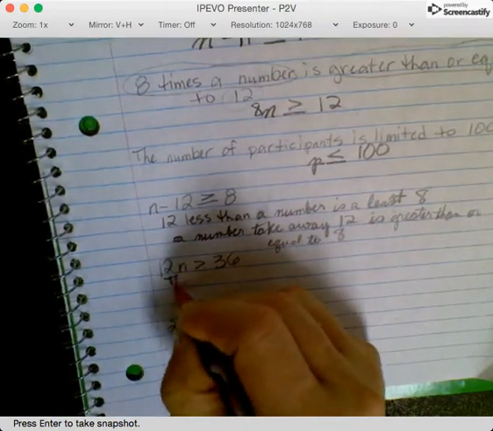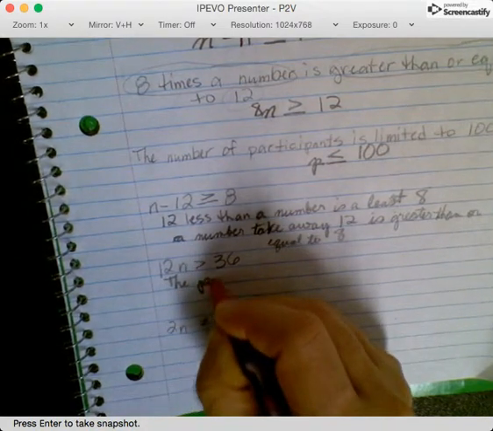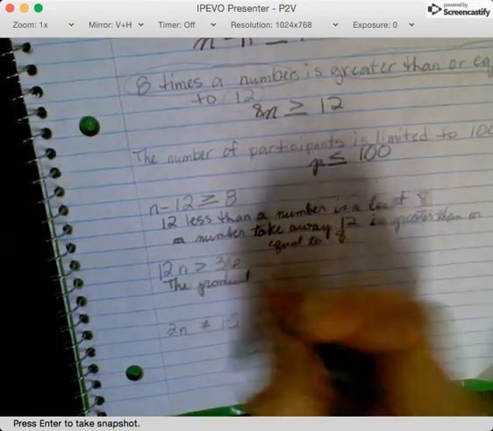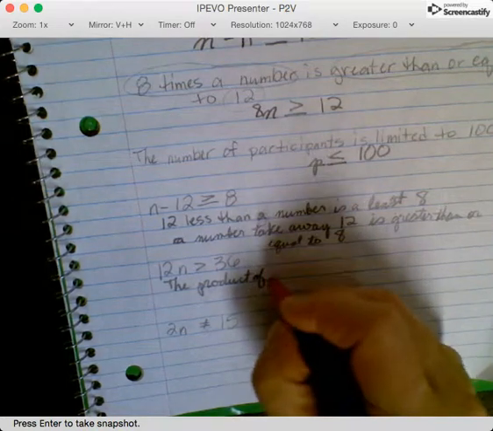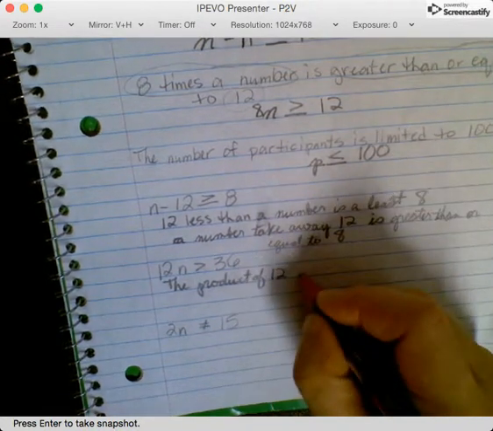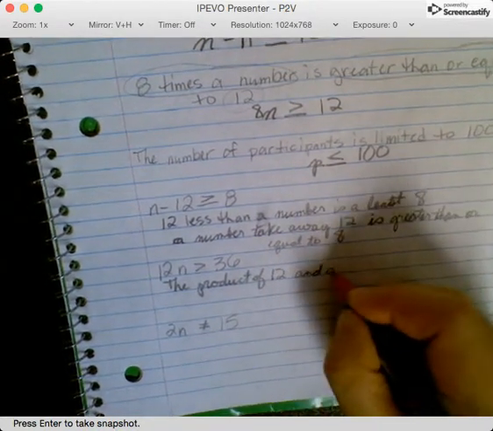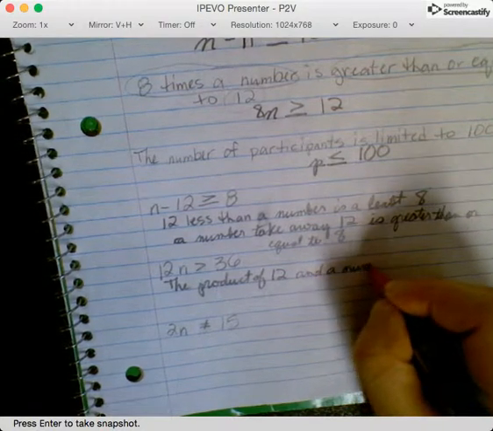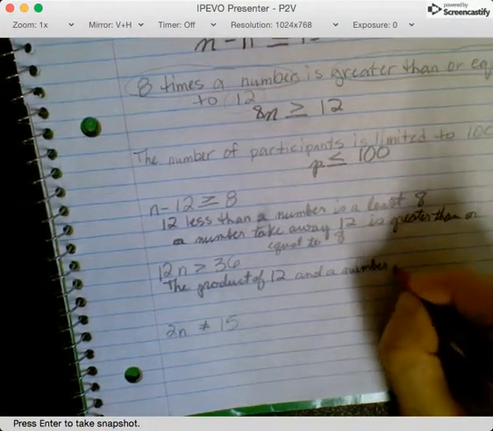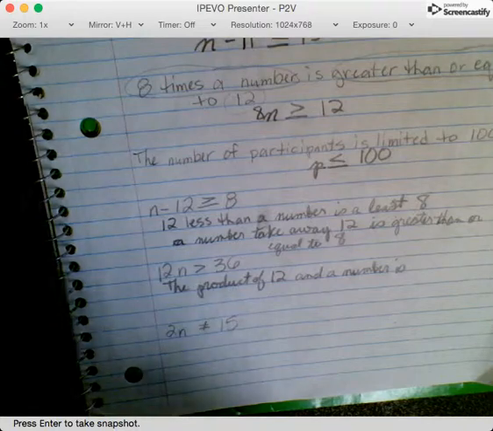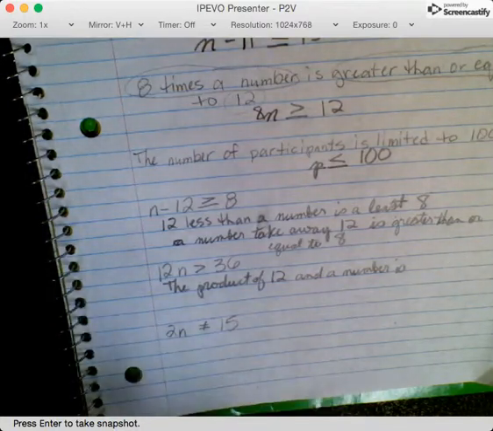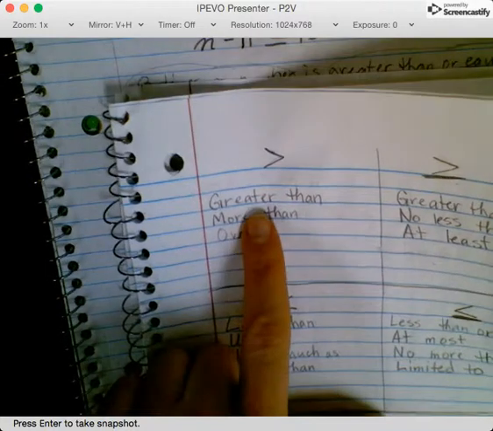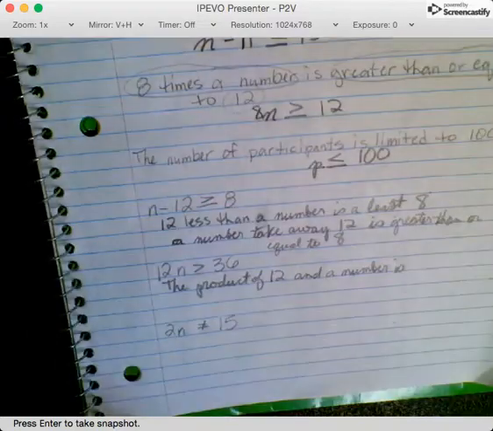So the product of 12 and a number is, and then let's look at our greater than symbol. We could say greater than. I want to say over.